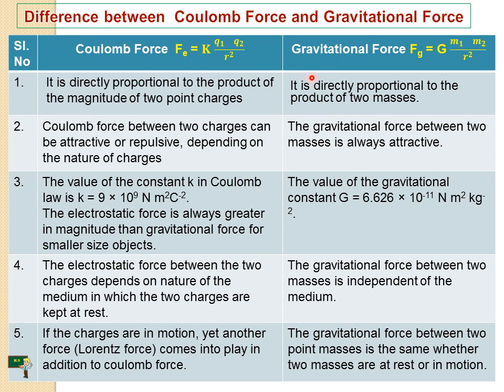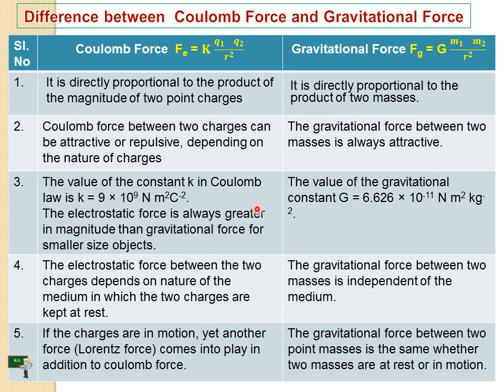And the gravitational force is directly proportional to the product of the two masses. M1, M2 are the two masses here. Coulomb force between two charges, Q1 and Q2, can be attractive or repulsive depending upon the nature of charges. But the gravitational force between two masses is always attractive.